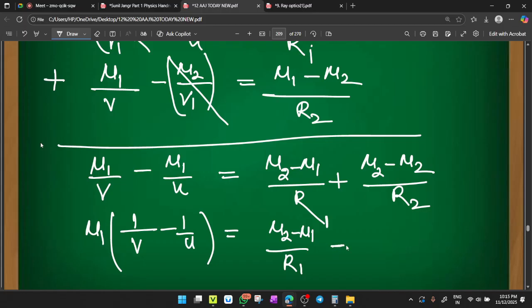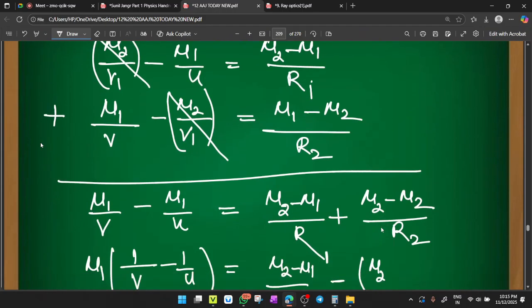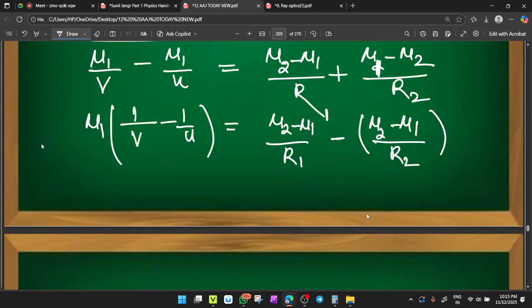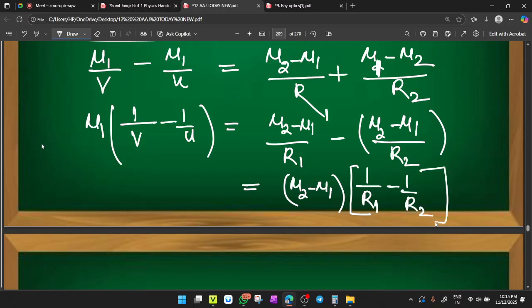If you take the minus sign common from here, it will become mu2 minus mu1. Here it is mu1 minus mu2, so it will become mu2 minus mu1 upon r2. Yes or no? We have taken a minus sign common here, so mu2 becomes positive, mu1 becomes negative. Now take mu2 minus mu1 as common. So it will be 1 upon r1 minus 1 upon r2.